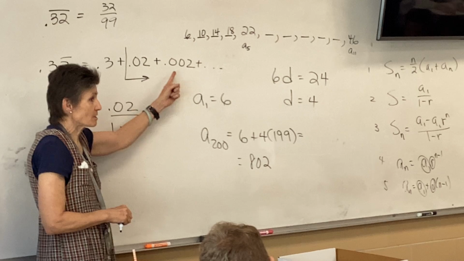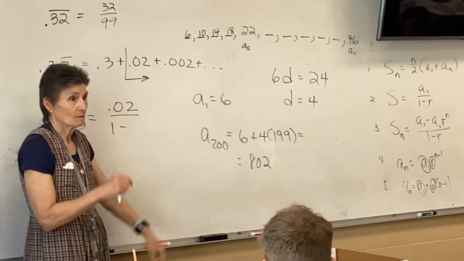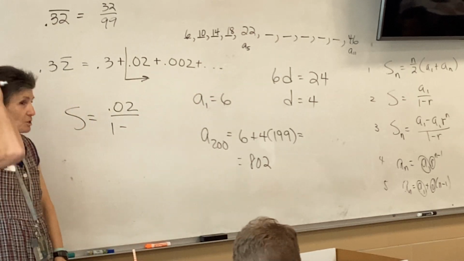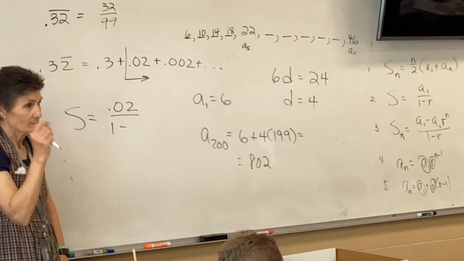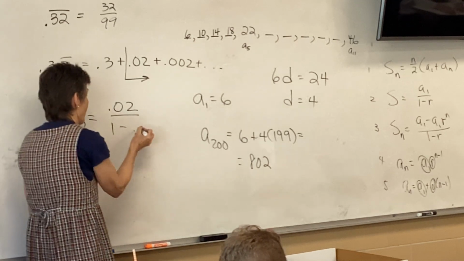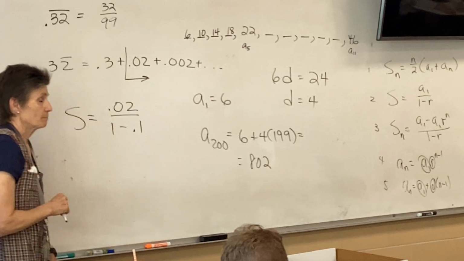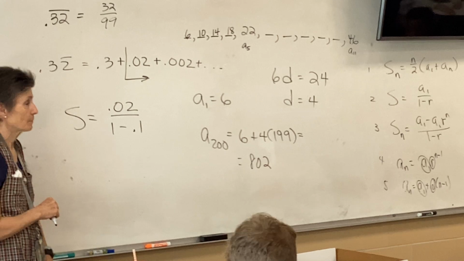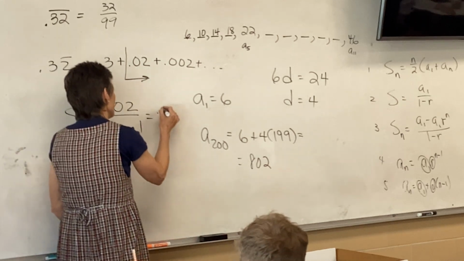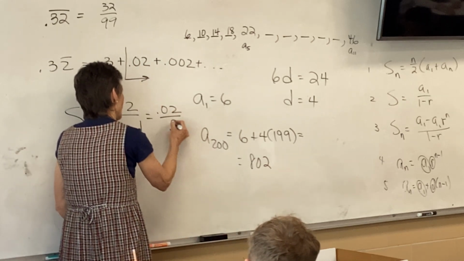How many digits are repeating? 1. When one digit repeats, what's your ratio? 0.1. So that's 0.02 over 0.9.